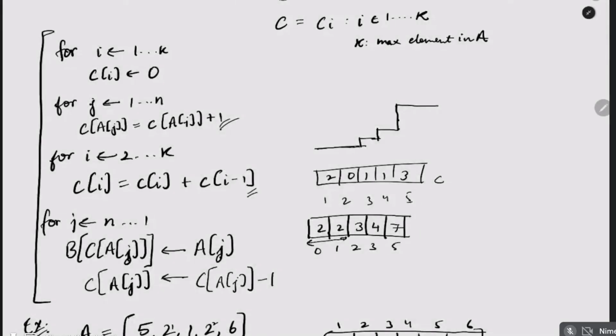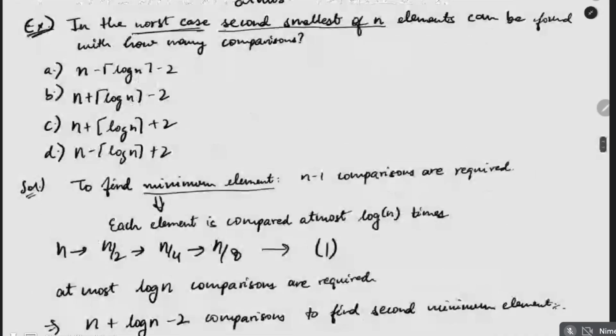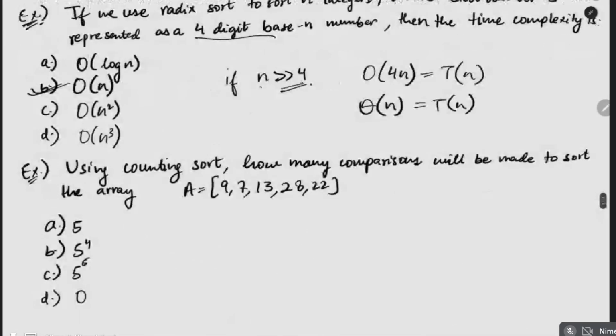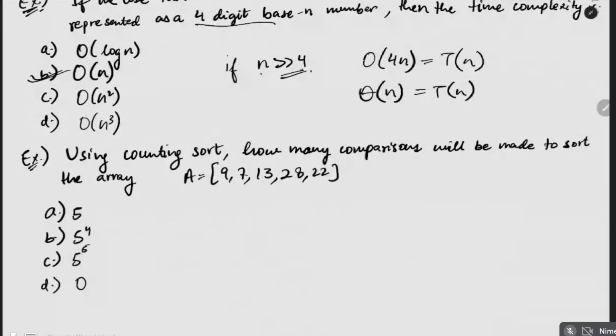We just counted these elements, made a cumulative counter, and then indexed into that. So if we are asked how many comparisons are made in any implementation of counting sort, the answer will always be zero, because no comparisons are made.